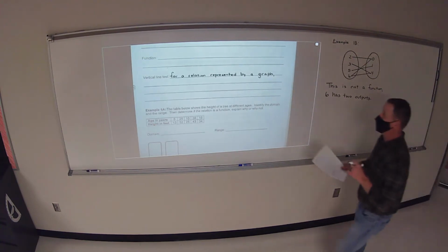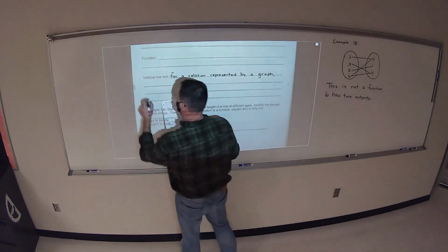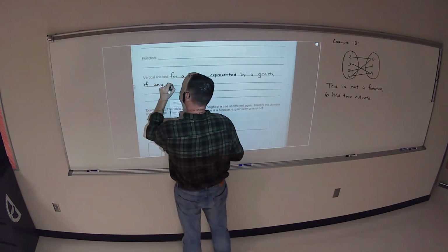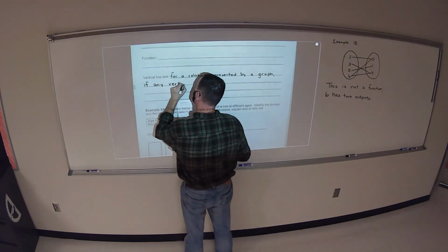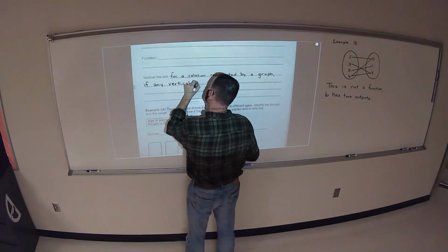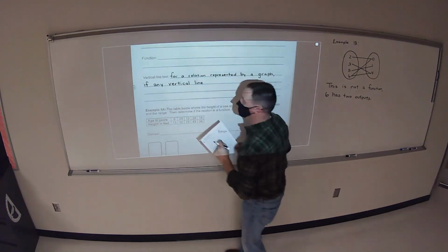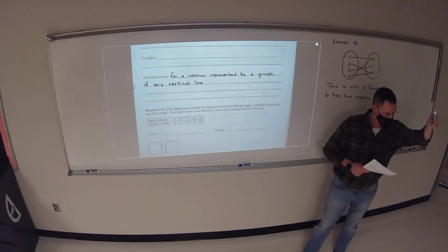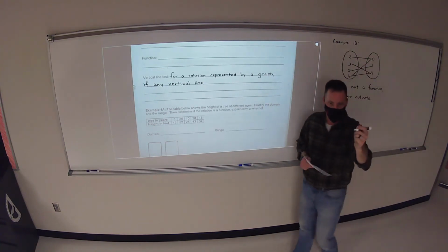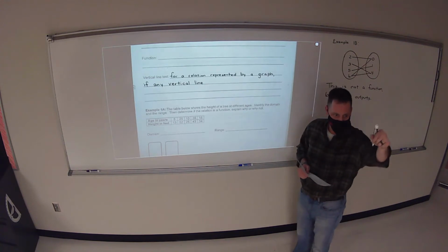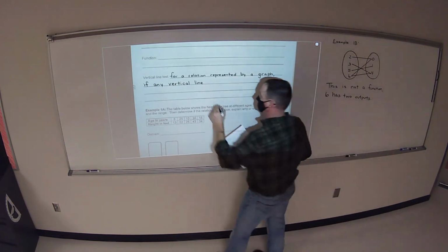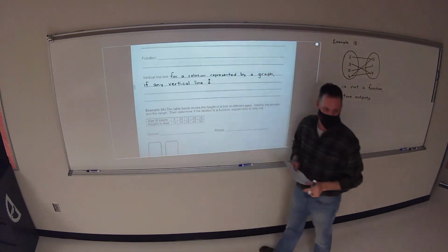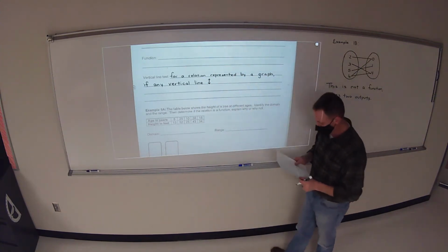So for a relation represented by a graph, if any vertical line, okay, what's a vertical line look like? Straight up and down. Okay, remember, horizon is horizontal, vertical is the other one, okay? So if you don't remember what a vertical line looks like, we'll add that as part of it there, okay?